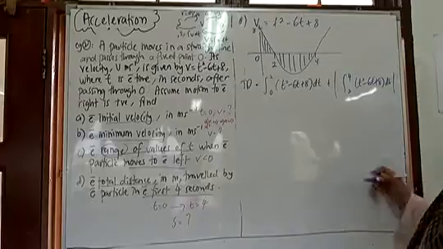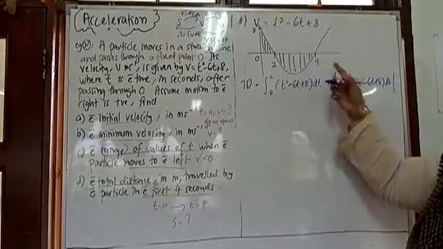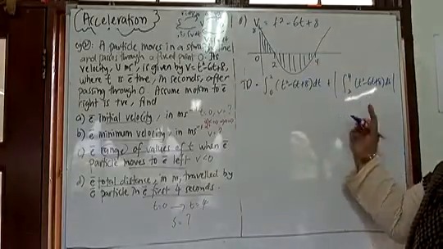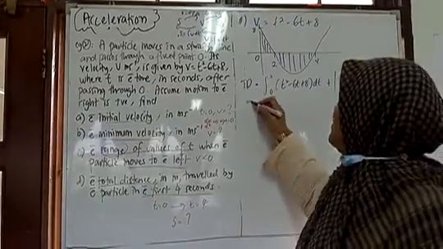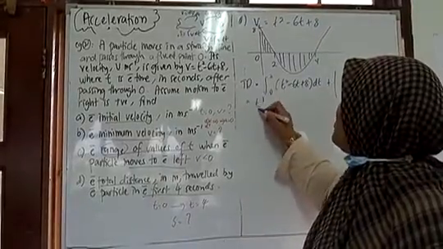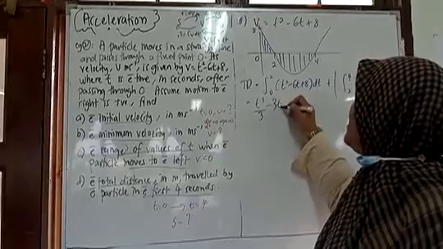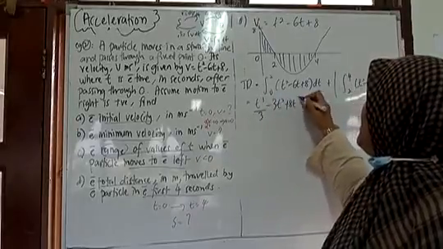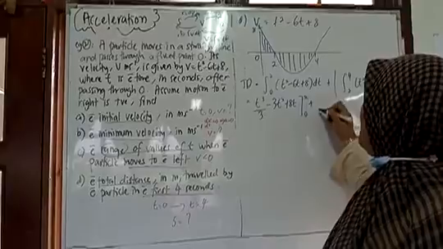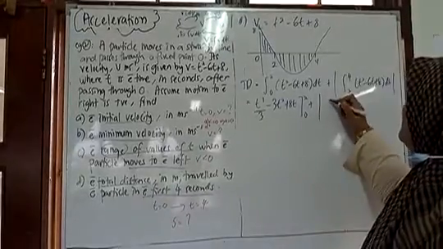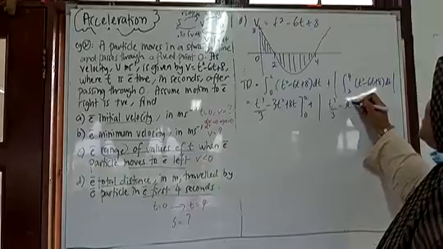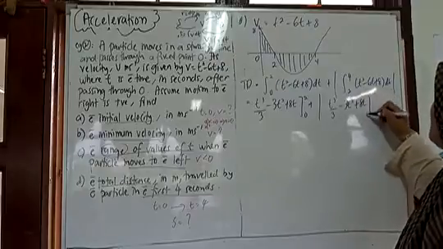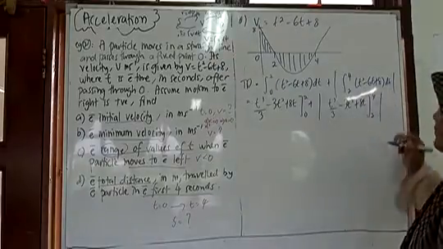Remember, this is the negative area, so you need to put the modulus sign, the absolute value sign. So we integrate: t³/3 − 3t² + 8t from 0 to 2, plus the modulus of t³/3 − 3t² + 8t from 2 to 4.